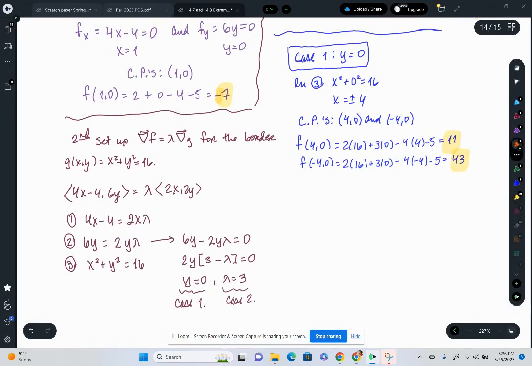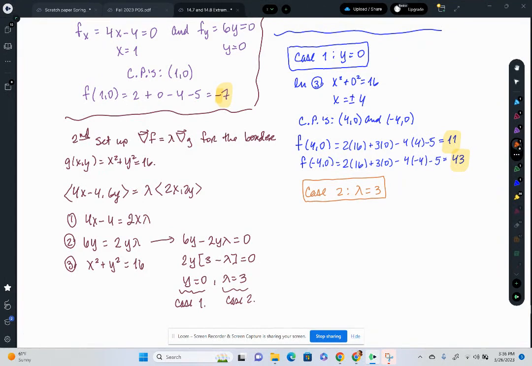Now case 2 is where lambda is equal to 3. Okay, if lambda is equal to 3, I can substitute this into equation 1. So I get 4x minus 4 is equal to 6x.